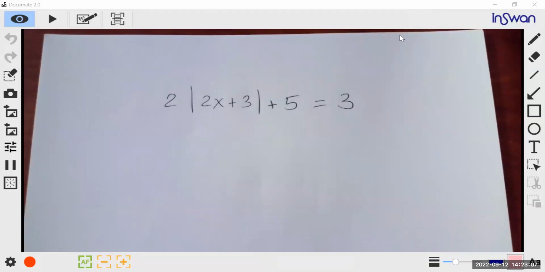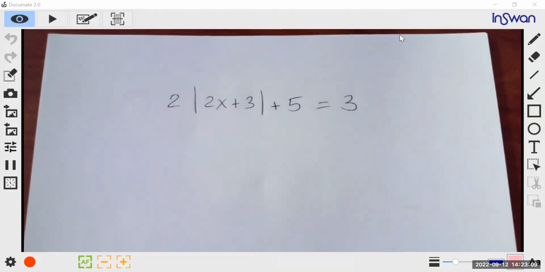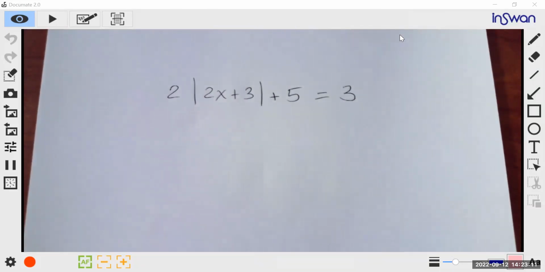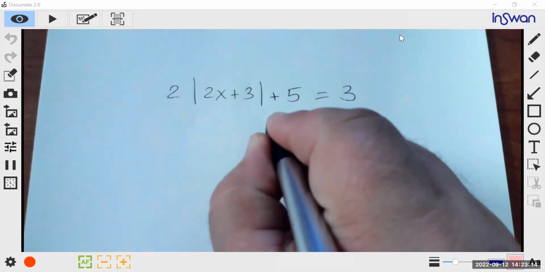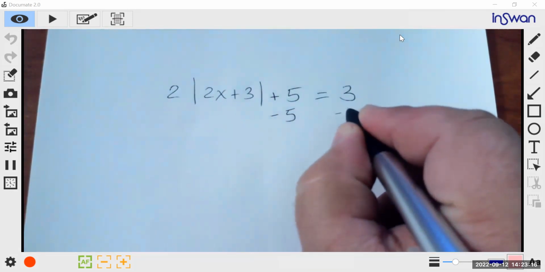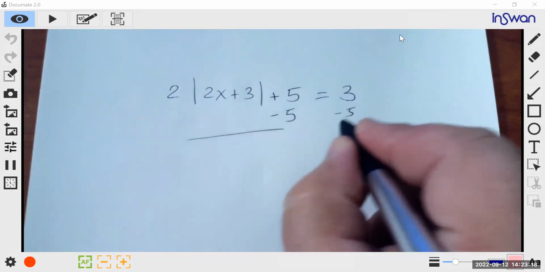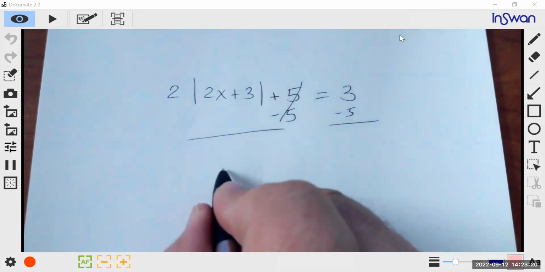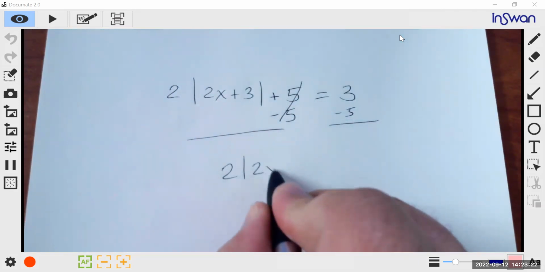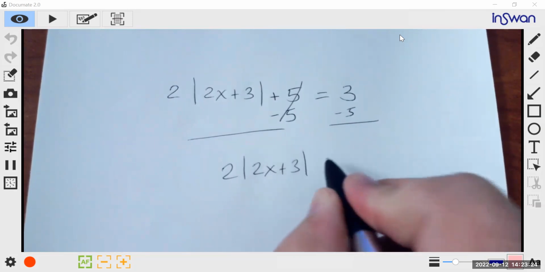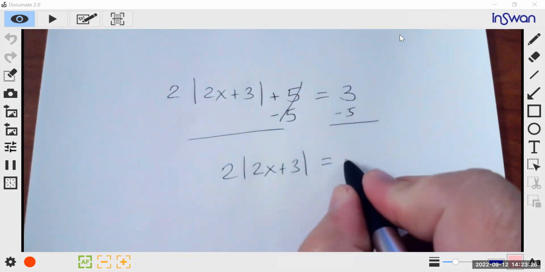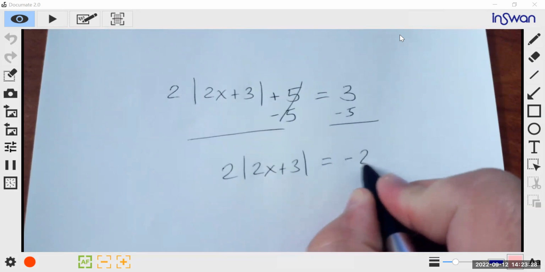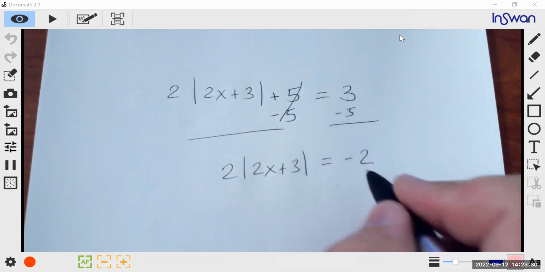Let me show you what's going on. What's the first step? So 2 absolute value of 2x plus 3, 3 minus 5 is? Since 5 is bigger, it's negative. 5 minus 3 is 2.